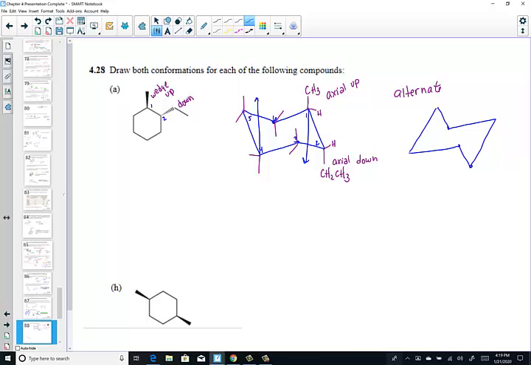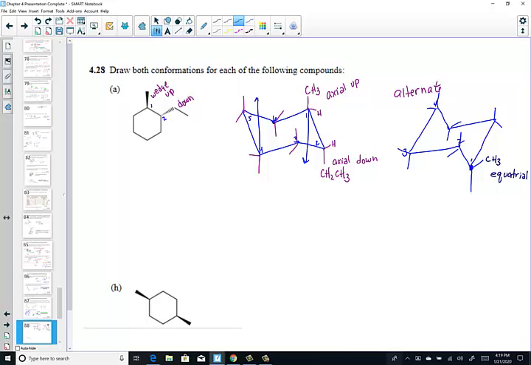Carbon 1 is now down here. This is now carbon 1. Carbon 1 would have an axial position down, equatorial up. Carbon 2, axial position up, equatorial down. And we just alternate going around the cyclic structure until all the bonds have been shown. Now, at carbon 1, I still need the methyl group to be up. So now it's on the equatorial bond, still pointing up.